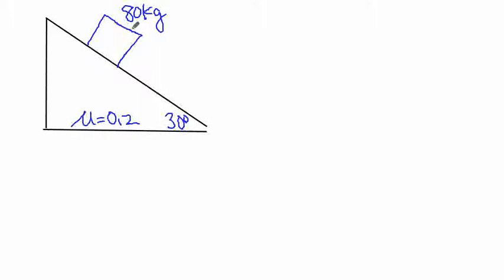And you think about what are all the forces pushing or pulling on that one object. So there's gravity pulling down on the box, mg. There's a normal force, and there's a frictional force. Now, going back to focusing on only one object, yes, the inclined plane is experiencing a push from the box, right? But we don't care about that right now because that's not acting on the box.